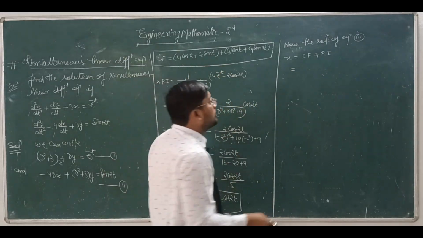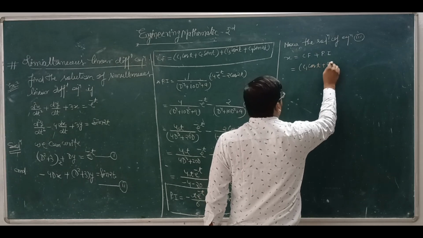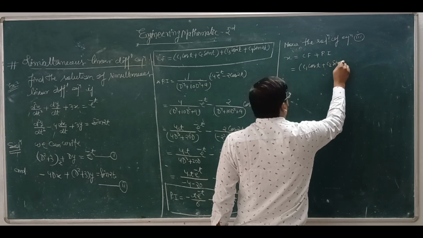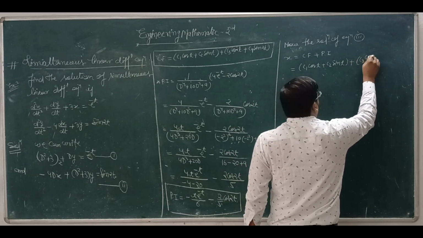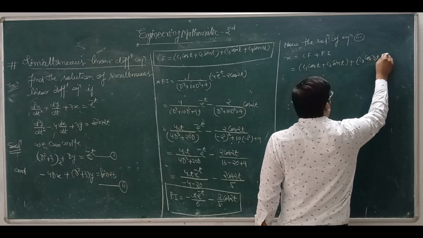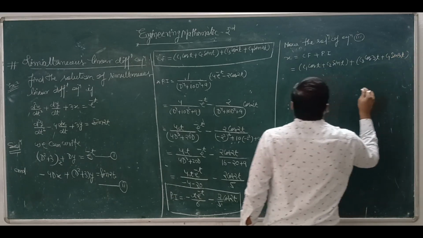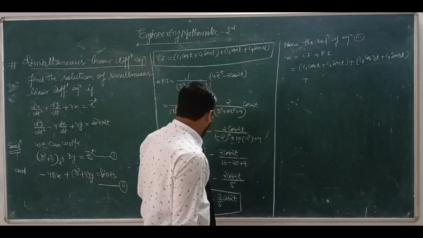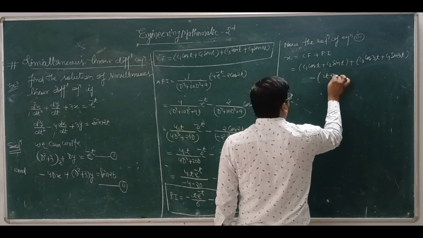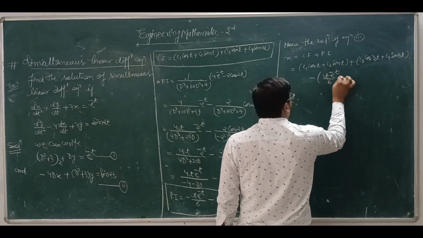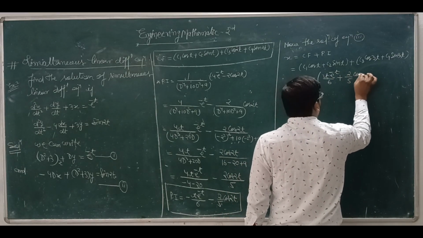This is equal to c1 cos t plus c2 sin t plus c3 cos 3t plus c4 sin 3t, and put the value of PI. This means equal to minus t e to the power minus t upon 6 plus 2 upon 5 cos 2t.